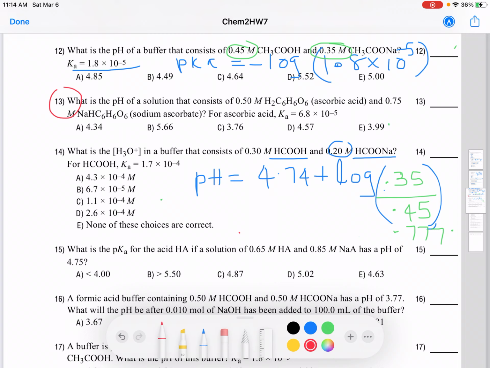Similar to 12, what do you need to do? You find the pKa, and you know how to get the pKa, and put that value here.